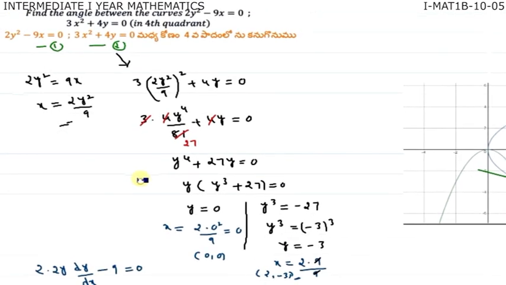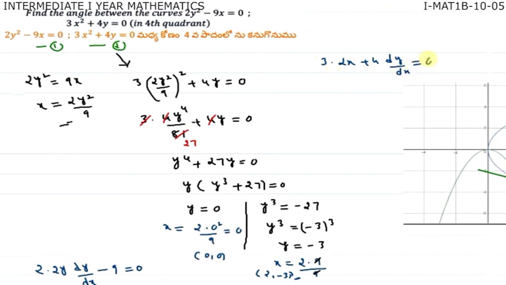For that, differentiate both sides 2 with respect to x. In this case I will get 3, x square derivative is 2x, plus 4 into y derivative is dy by dx.